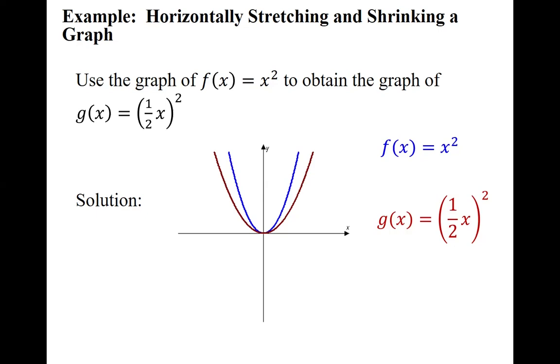Now every x that we would plug in gets cut in half before we square it. In other words, it takes twice as much x to get just as far.